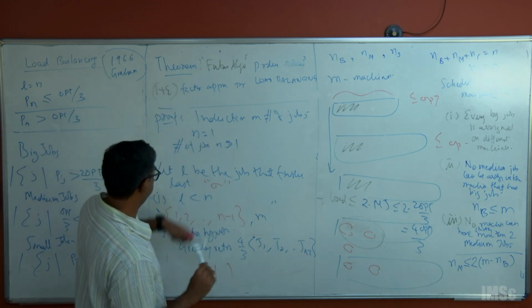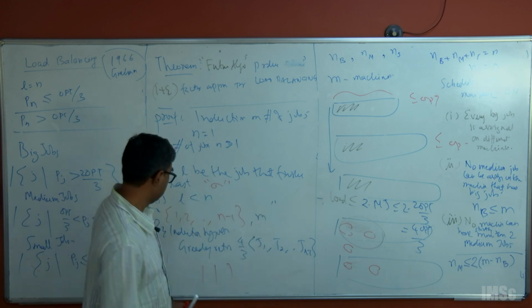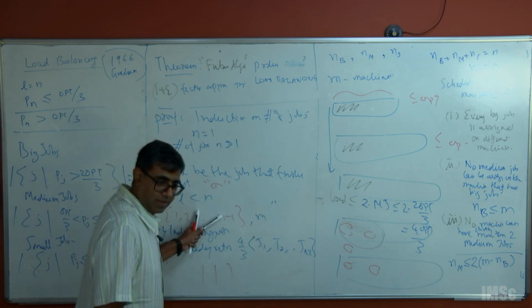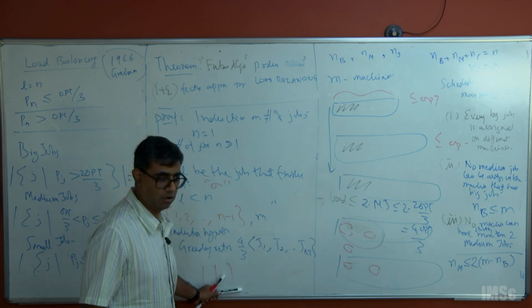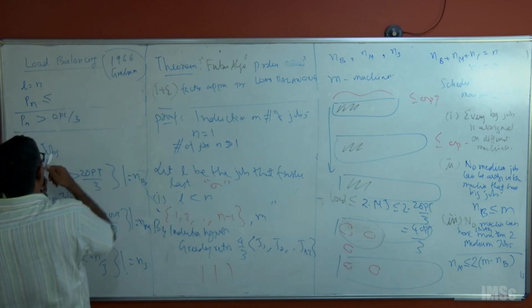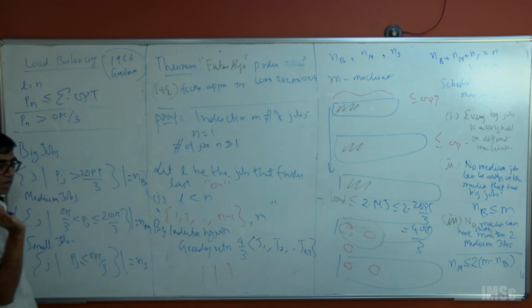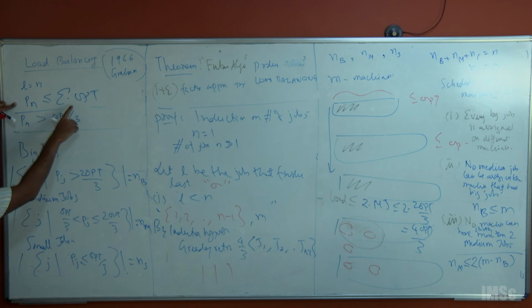Induction still holds, no? For N equal to 1, I have just one item, just place it. If L is less than N, my induction still holds. So if I can show Pn is less than epsilon times opt, I am done. If the last item is less than epsilon times opt, then I am done.